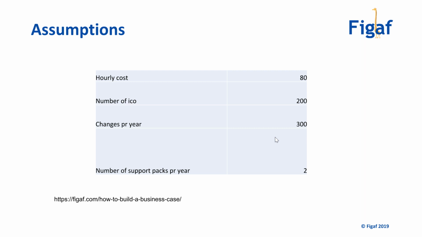So we have estimated an hourly cost of 80 euros per hour, and obviously this depends on your figure. There's a number of ICOs that you have, a number of changes that you need, and a number of support packages you want to apply each year.